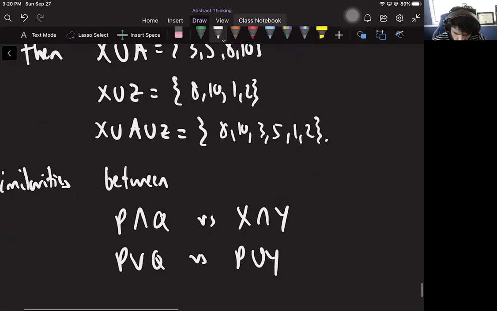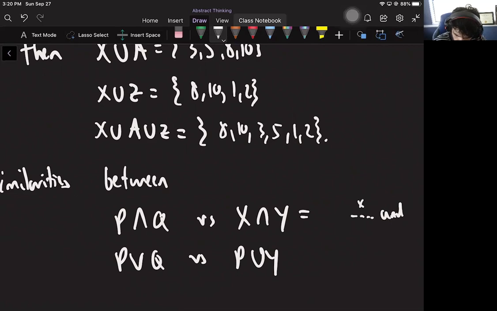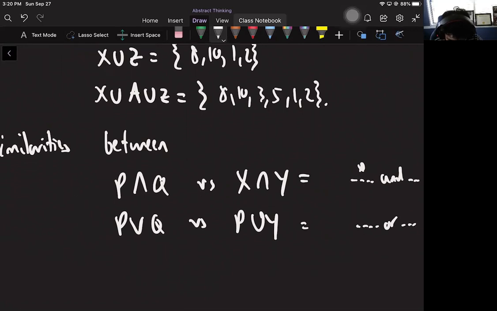We've already seen how they're related in the fact that this one uses and in the definition, and then this one uses or in the definition. That's one way they're related, but they're also related in other ways in that they have lots of similar properties.